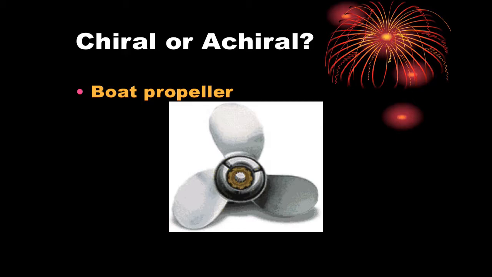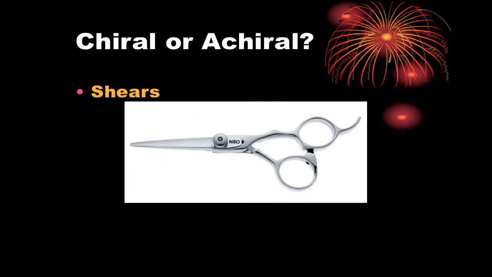Kind of mess you up, won't it? The boat propeller and the way that the blades come out matters. Okay? So chirality is important for things other than just organic chemistry. Right? You buy the wrong chirality of the boat propeller, your transmission's not going to know. It's not going to give you the right direction anymore. How about a pair of shears?